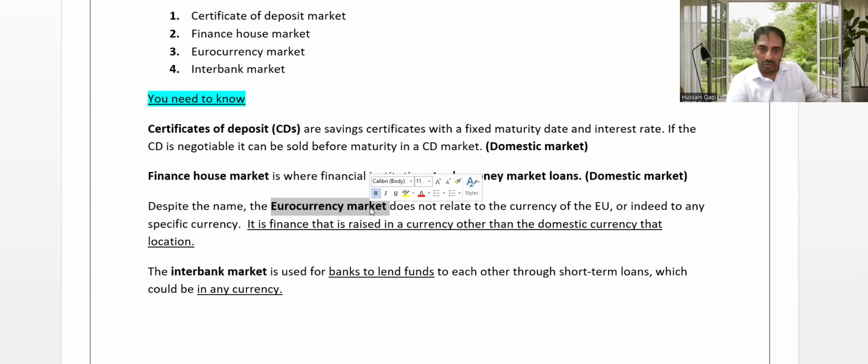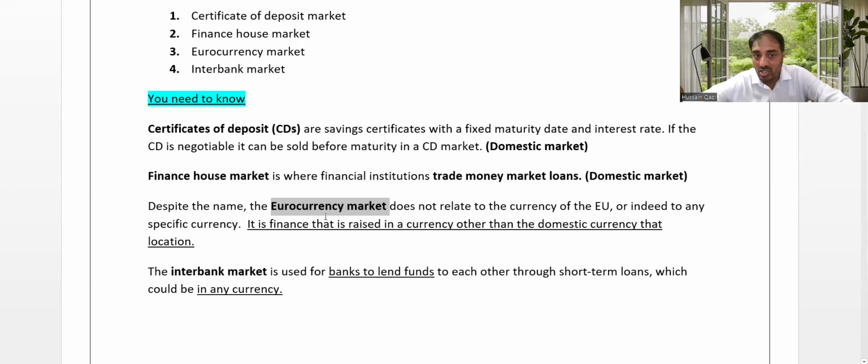It's possible to issue the bonds in a foreign currency. So it's possible for the UK bank to go to the euro currency market, meet all the requirements of the euro currency markets and issue bonds in the foreign currency, that's US dollars. That's one point.